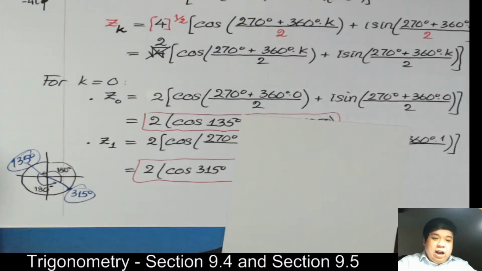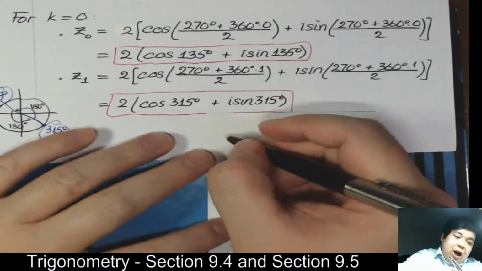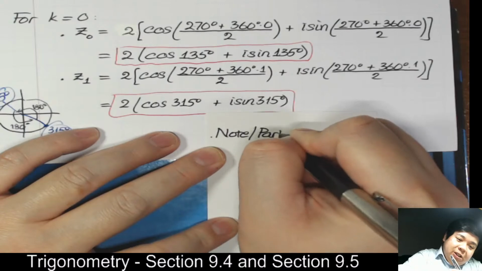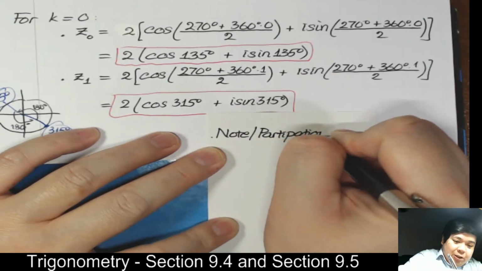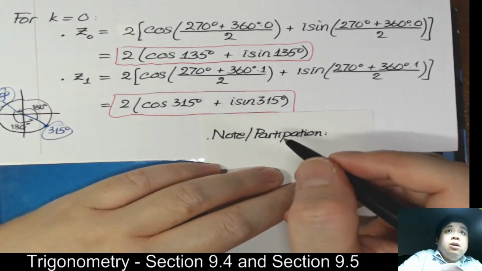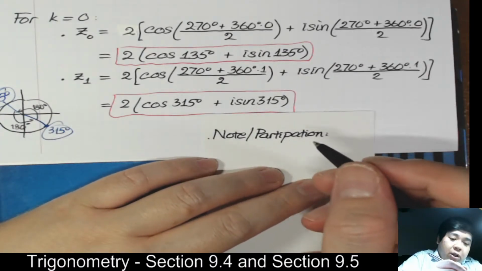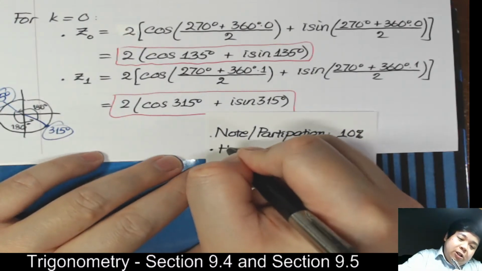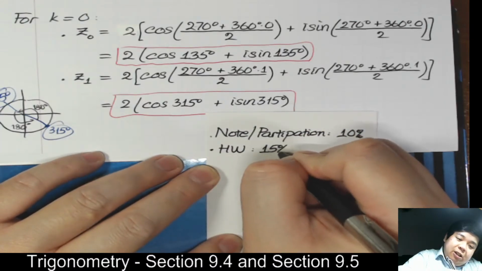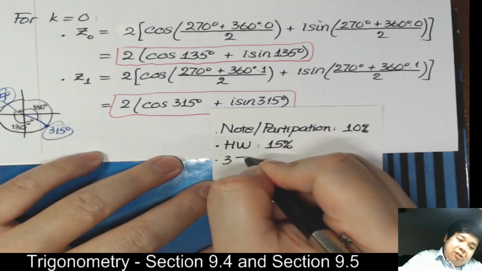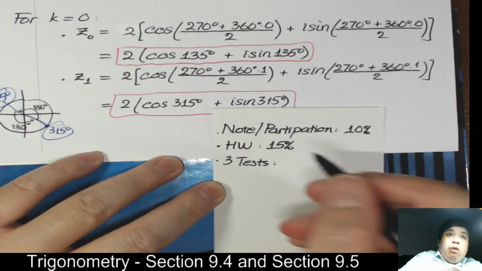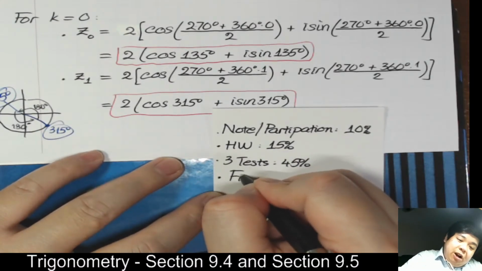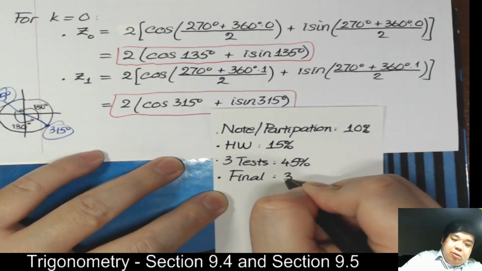So the quick rundown. You have the notes or the participation. Participation is 10%. The homework, 15%. 3 tests, 45% total, and that's 70% total up to this point, and the final 30%.